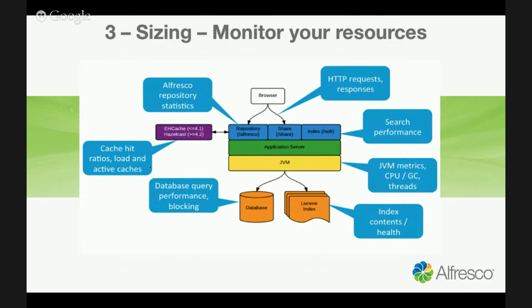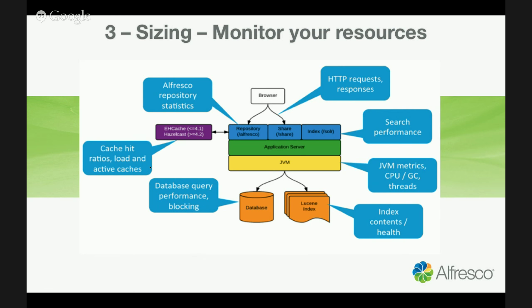So this slide is about monitoring and what resources we are monitoring and how. Basically, this is common information, I'm sure, for most everyone on the call. Monitor your search performance, the JVM metrics, CPU, garbage collection, threads, your index content and how healthy your index is, how the merge processing is executing, whether we have enough free space on our index disk to do the merging properly.